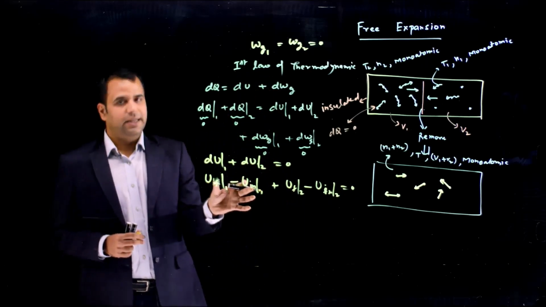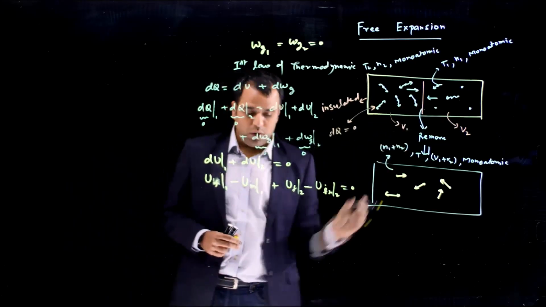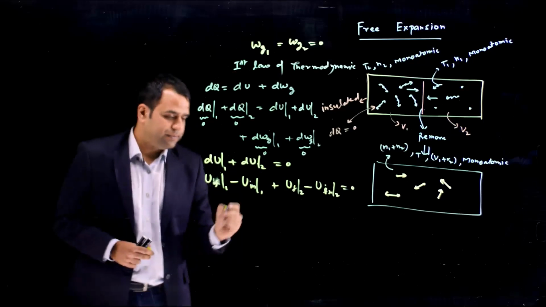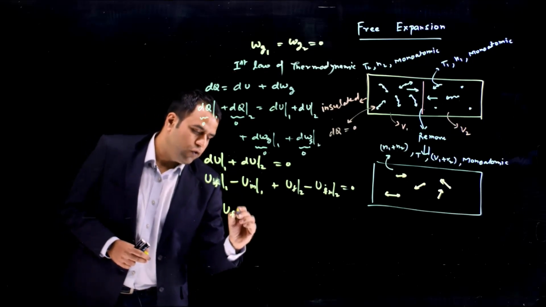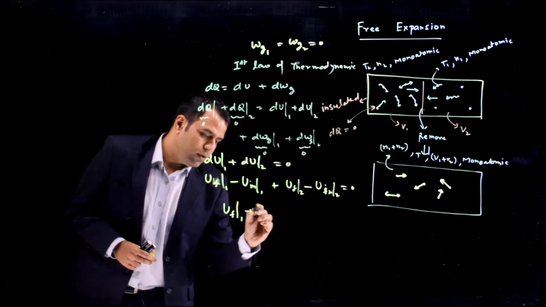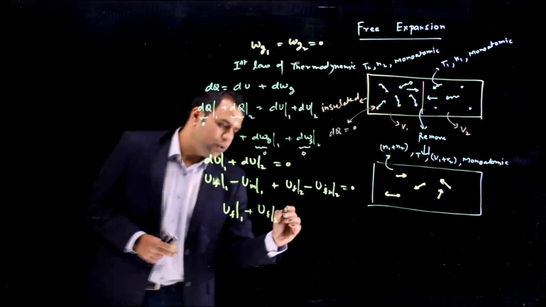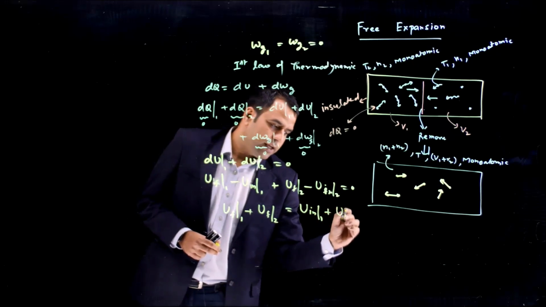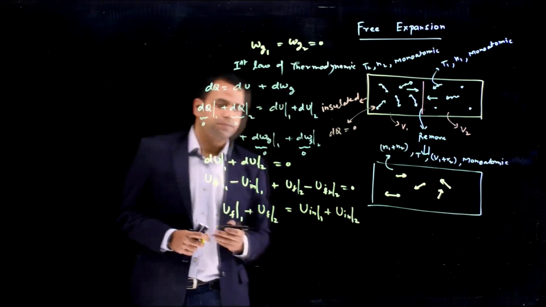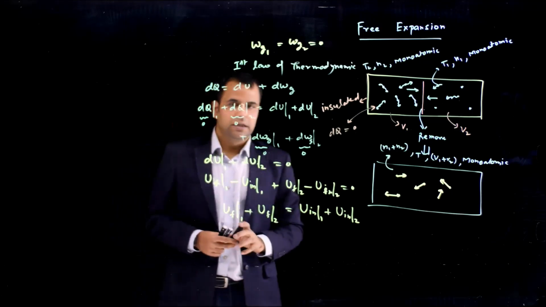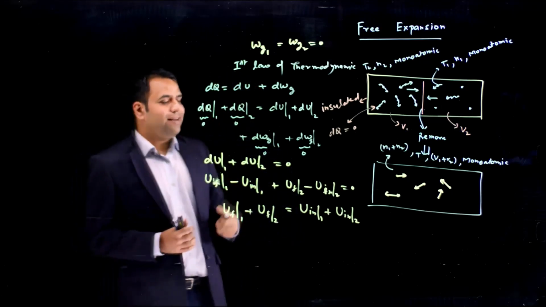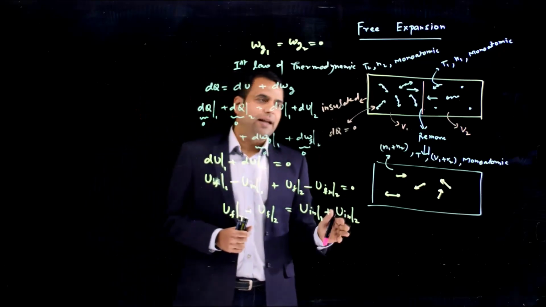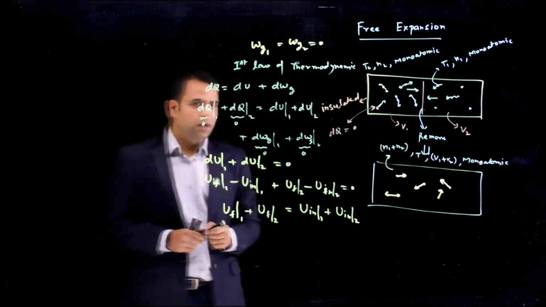This is the change in internal energy for N1 moles and this is the change in internal energy for N2 moles while moving from the initial state to the final state. Or we can say U final for 1 plus U final for 2 is equal to U initial for 1 plus U initial for 2. So the final internal energy of 1 and 2 will be equal to the initial internal energy of 1 and 2.